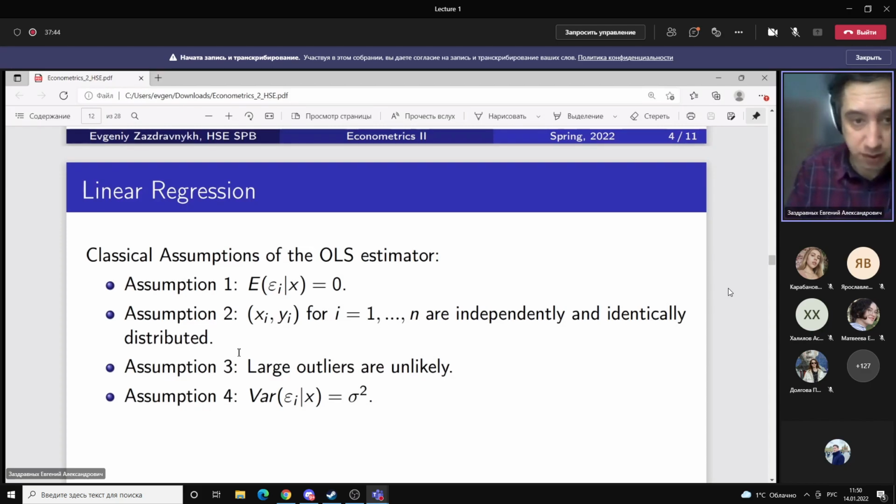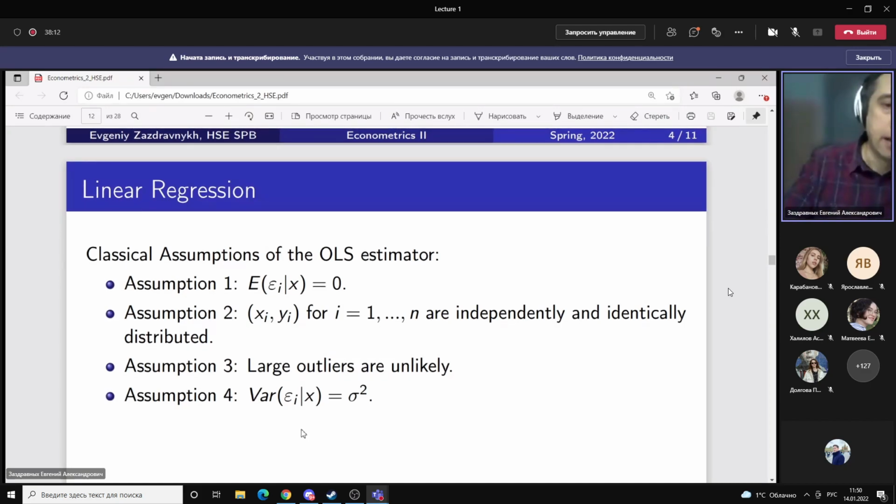It means that the variance of our error term is independent of x, which means that our error terms are homoscedastic. This assumption is important to obtain reliable standard errors. If this assumption is violated, we cannot trust our usual standard errors, and instead we should calculate robust standard errors.